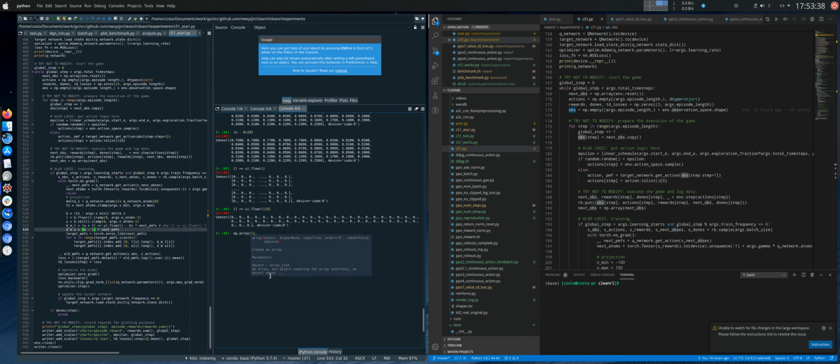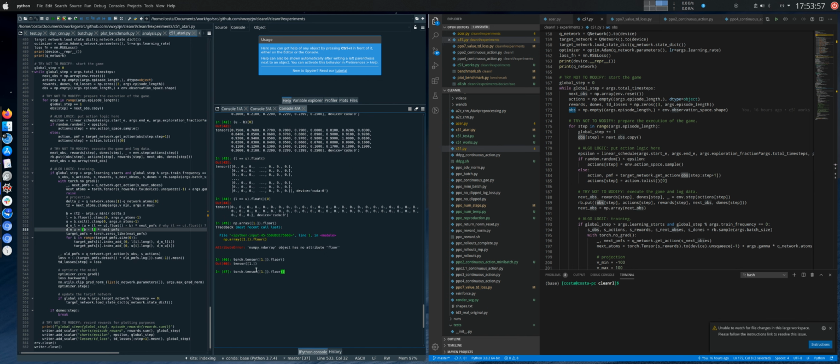So if we get something like 1 point, and then we say floor, okay, I'll do torch.tensor instead. So that's 1.